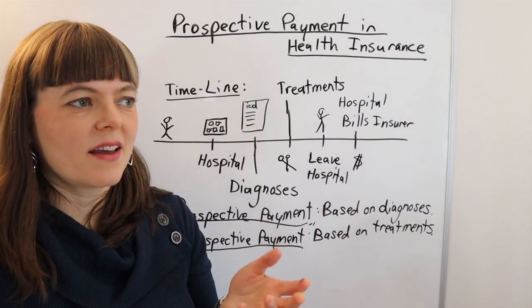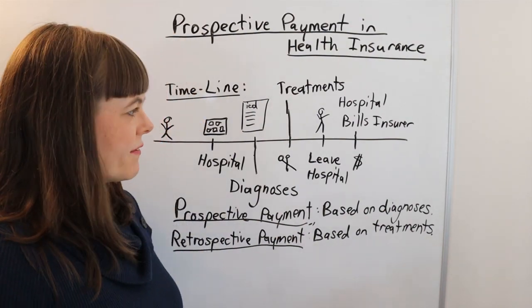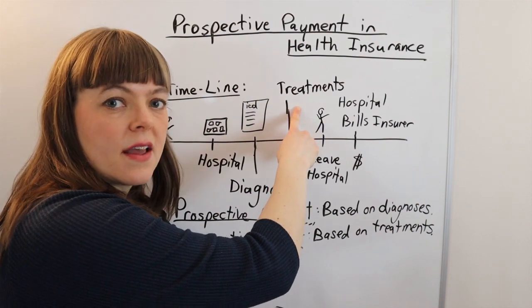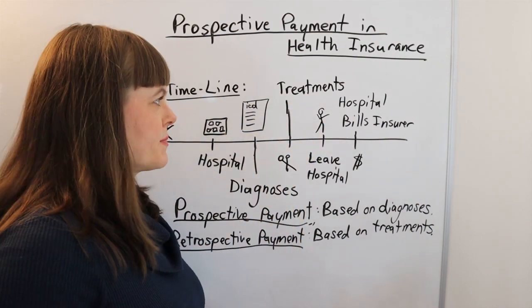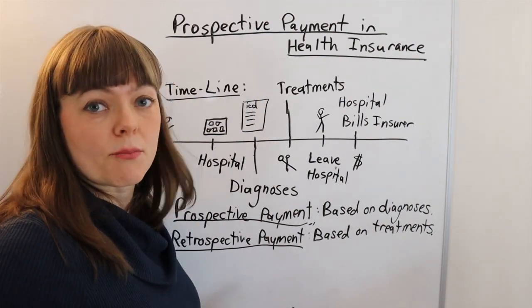Now, you might ask, why use prospective payment? One of the reasons, of course, is that if you pay based on the treatments, there's an incentive for the hospital to do more treatments than is necessary, just to make more money.